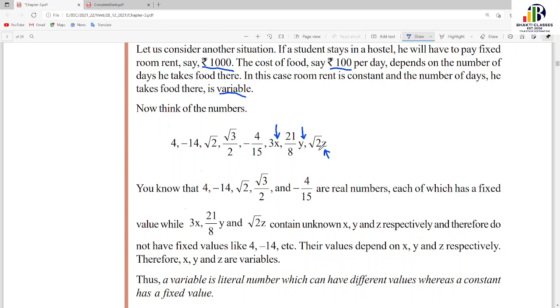So 4, minus 14, root 2, root 3 by 2 and minus 4 by 15 are all real numbers, each of which has a fixed value, while 3x, 21 by 8y, root 2z contain unknowns x, y, z respectively, and therefore they do not have fixed values like 4, minus 14, etc. Their values depend on x, y, and z respectively. Therefore, x, y, and z are variables.